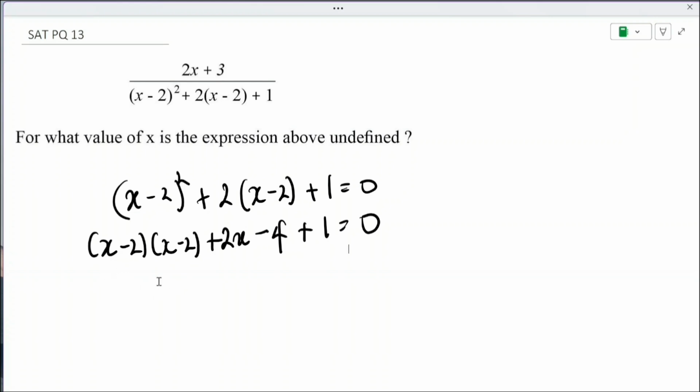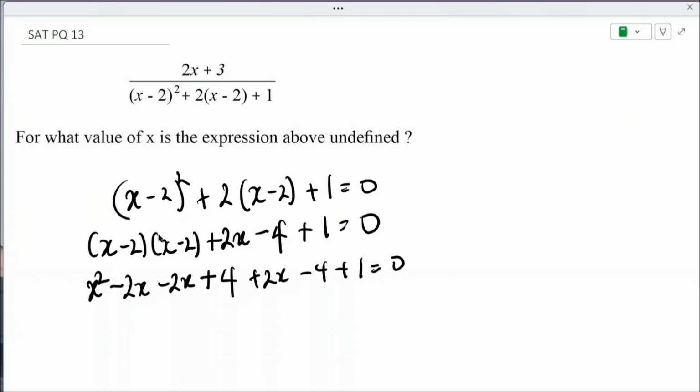You have x times x, x squared; x times negative 2, negative 2x; negative 2 times x gives you negative 2x. Negative 2 times negative 2, you have to be very careful here. Negative times negative gives you positive. 2 times 2 gives you 4. You still have plus 2x minus 4 plus 1 equals 0.